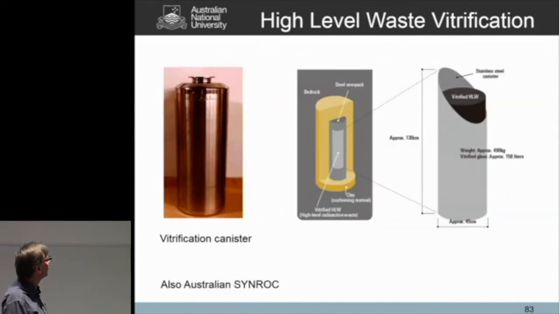Typically, it's made into a glass, it's vitrified, which is put in a container that looks like this. So this is about 45 centimetres across and a metre and a bit high. There's also an Australian invention, Synrock, which is an alternative to this vitrification process.